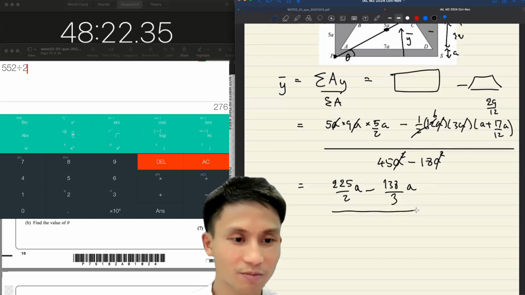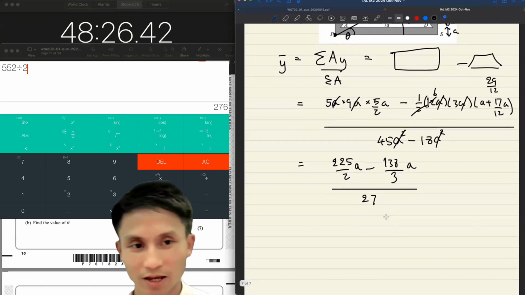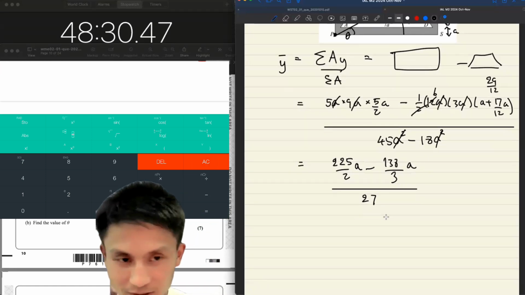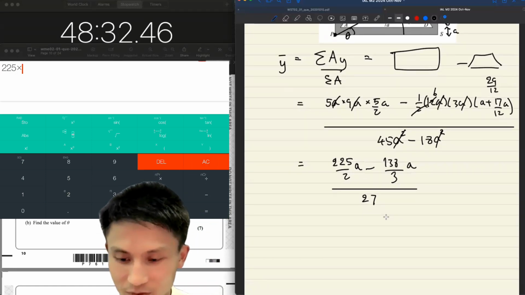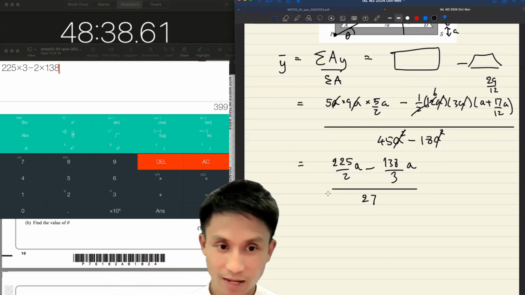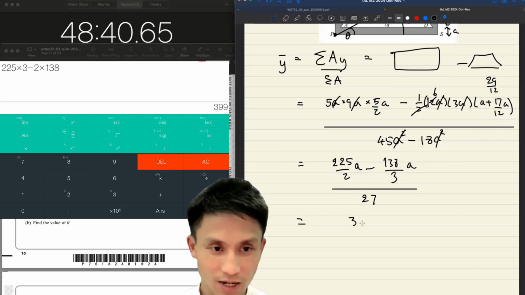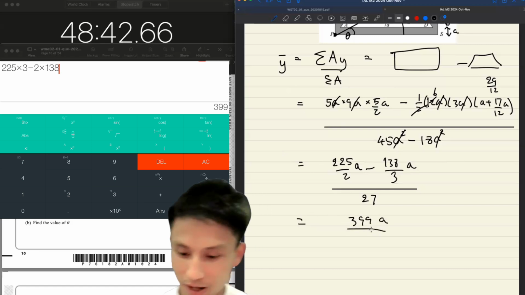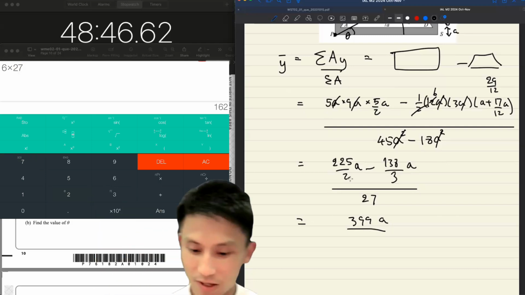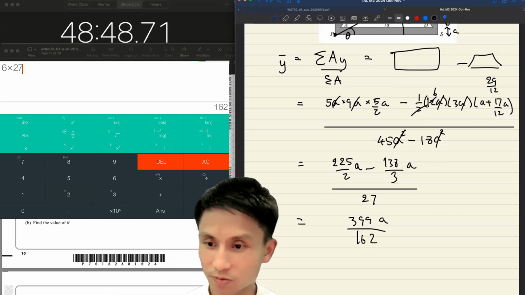And all this divided by, that is 27, right? Okay, so we're gonna simplify the fraction there. So that's 225 times 3 minus 2 times 138. That is the top bit there, 399a divided by 6 times 27 down there, 162.